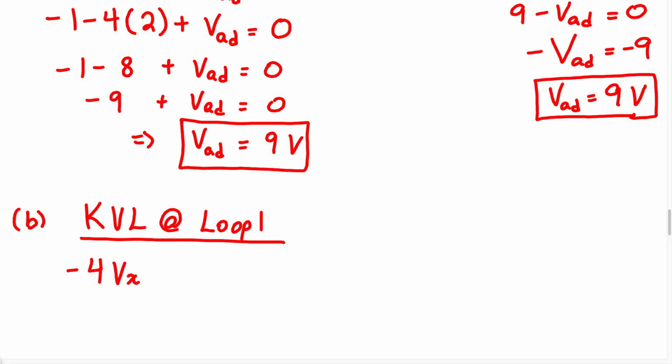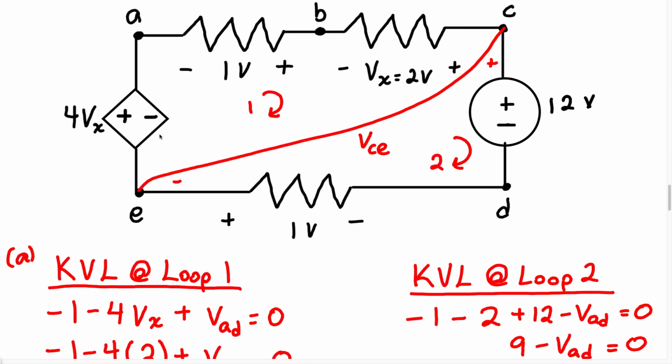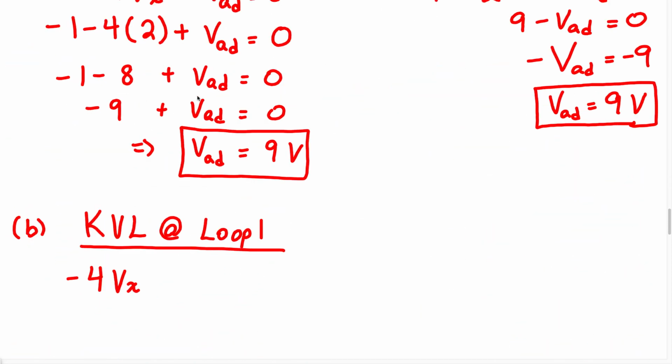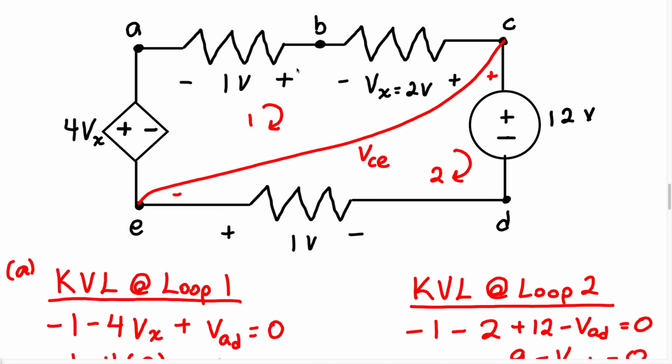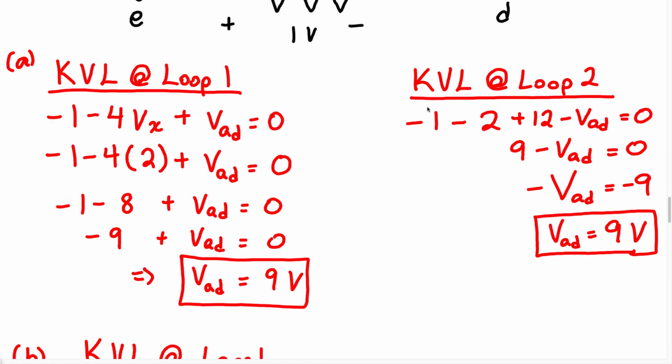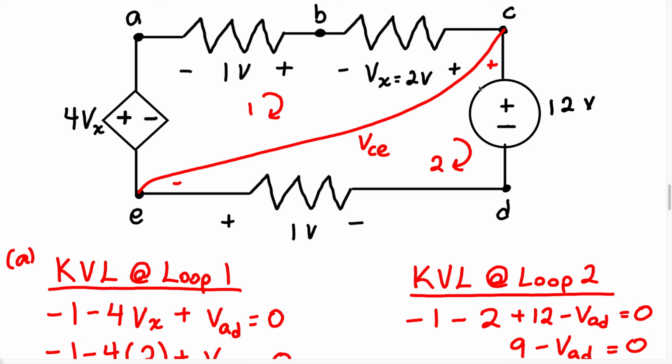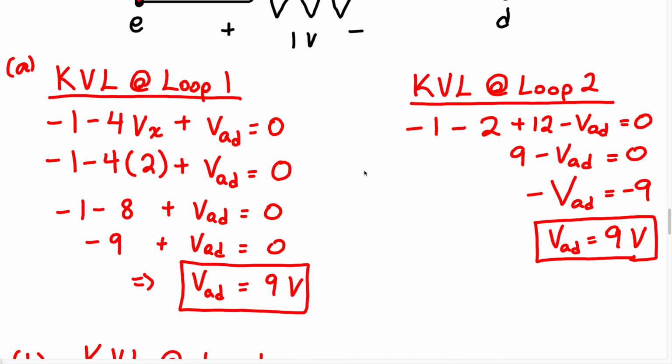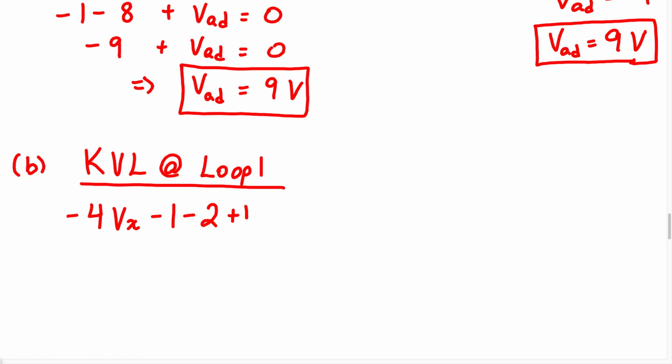We're going to have a minus 4Vx. As we continue, we have minus 1. That's the voltage across this resistor. We know the voltage across this resistor is 2 volts. But because we're walking into the negative terminal first, it's going to be minus 2 volts. I'm going to write minus 2. And finally, we're going to come around and we're going to have plus VCE.